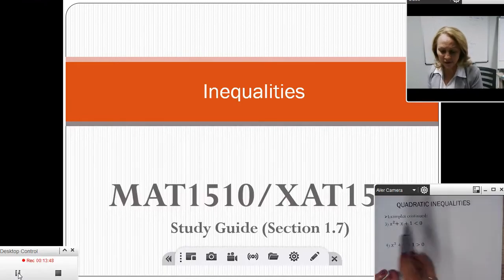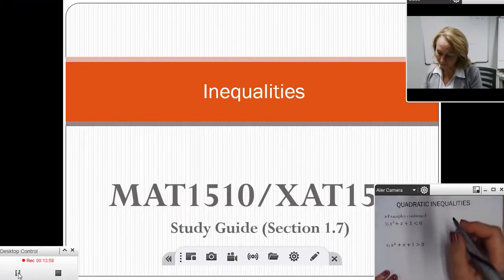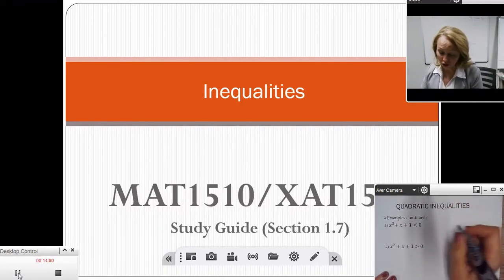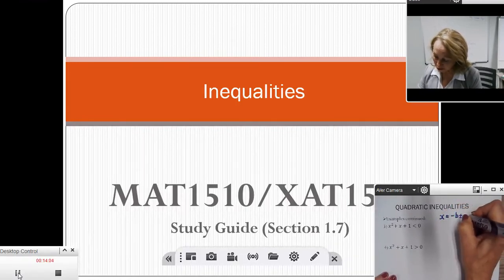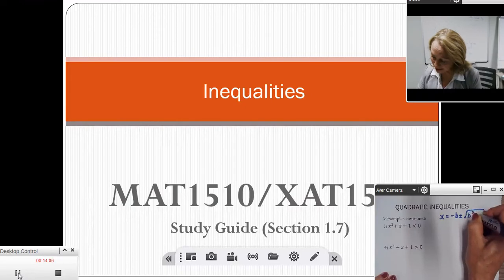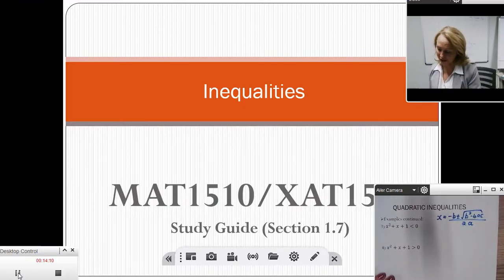Alright, so let's have a look at what would happen if we wanted to find the zeros or the solutions of the quadratic y equals x squared plus x plus 1. Let us use the quadratic formula to see if I can find the roots, because clearly we can't factorize this. Right, so there's my quadratic formula.